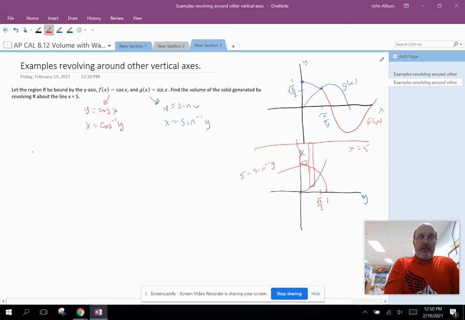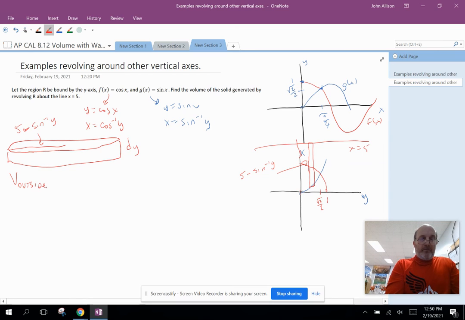So when I go to set this up, my large disk, outside disk, it's going to have dy, and the radius over here this time is going to be 5 minus sine inverse y, or arc sine if you prefer. So the volume of my outside disk is going to be pi times 5 minus sine inverse y squared dy.